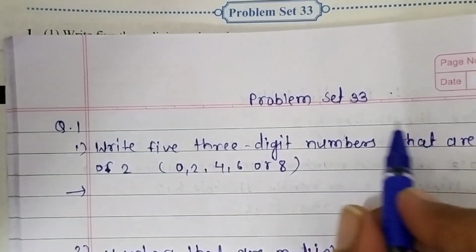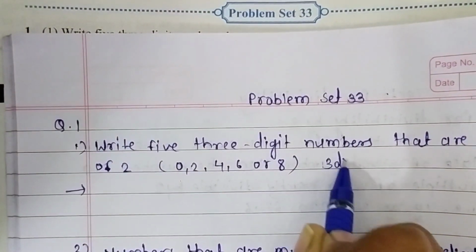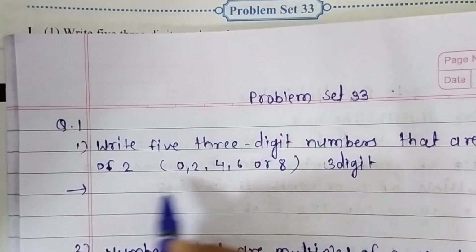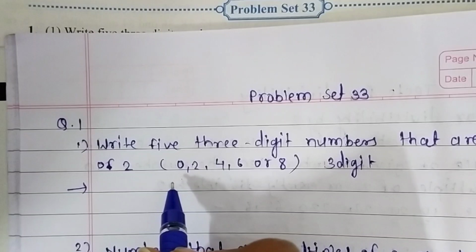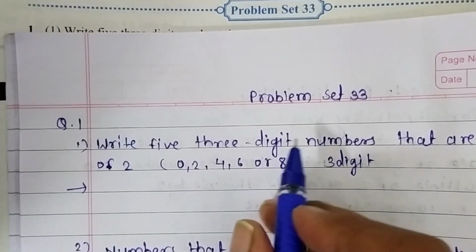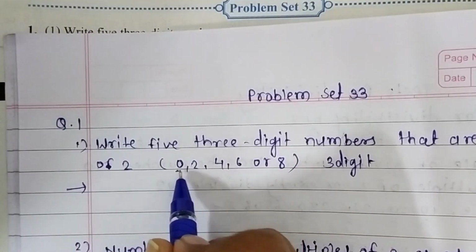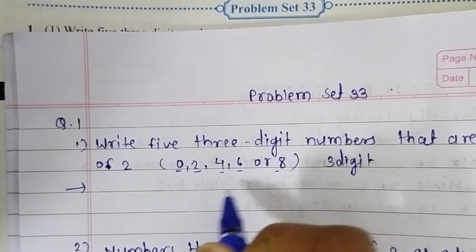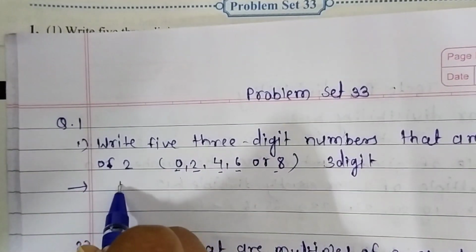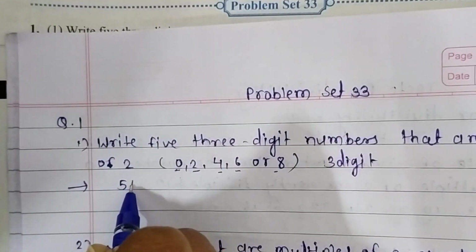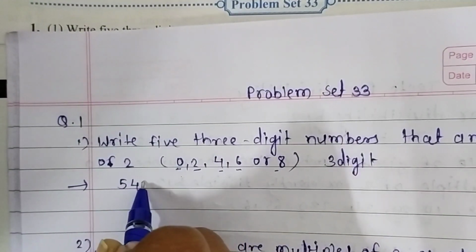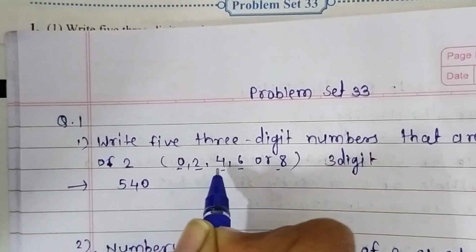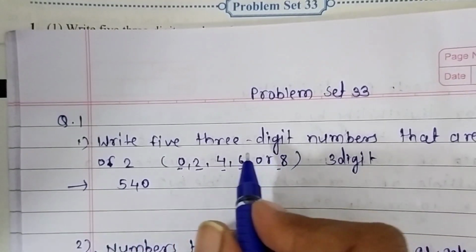So here we have to write 3-digit numbers, and each and every number's unit place has 0 or 2 or 4 or 6 or 8. Let's take 0 first. Write any number at your own choice, but our unit place must have 0 or 2 or 4 or 6 or 8.